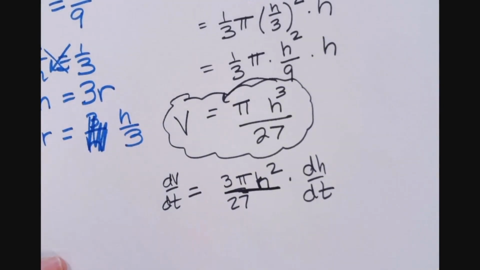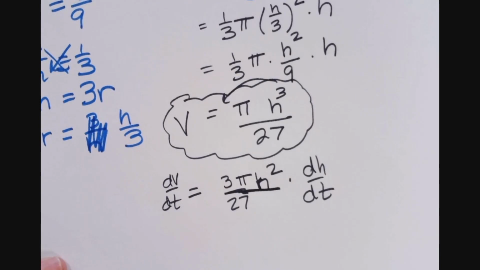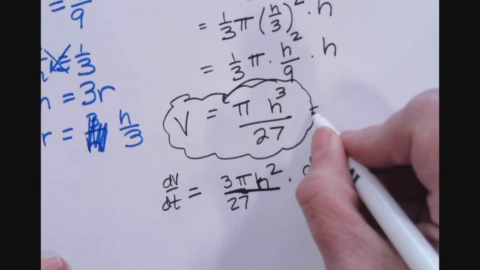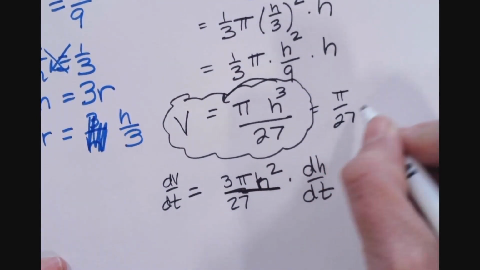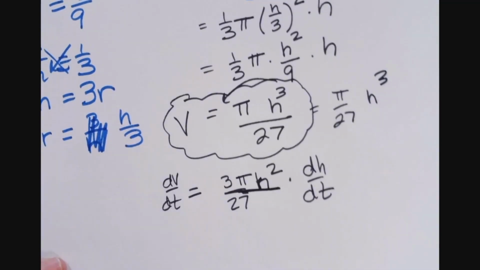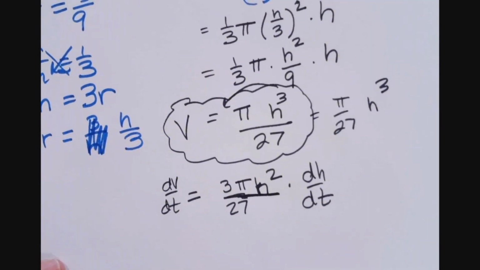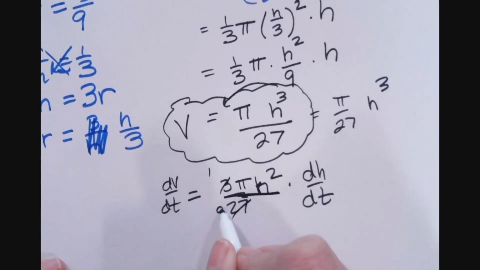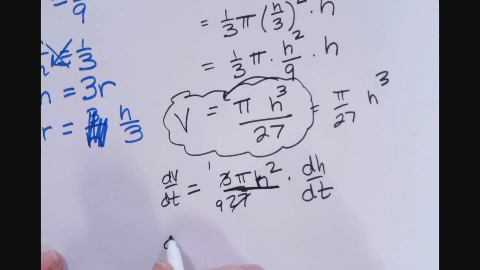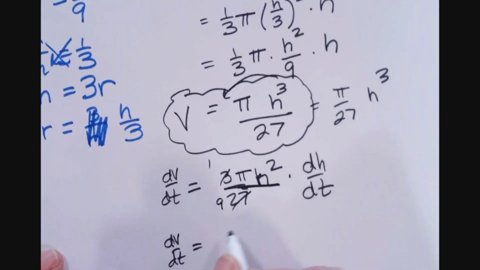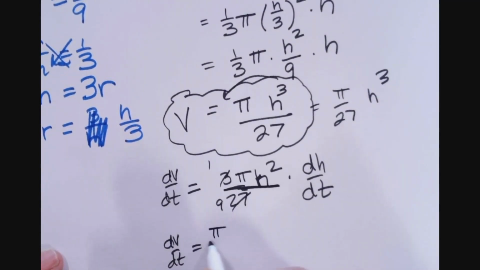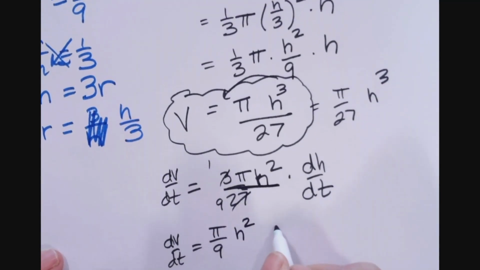So you can just swap it whenever. Yeah. I could have just written this pi over 27 H cubed. But yeah, that's good to ask. So let's see, what can we do here? This would be 1/9. So dV/dt equals, I don't know how we want to write that, pi over 9 H squared dH/dt.